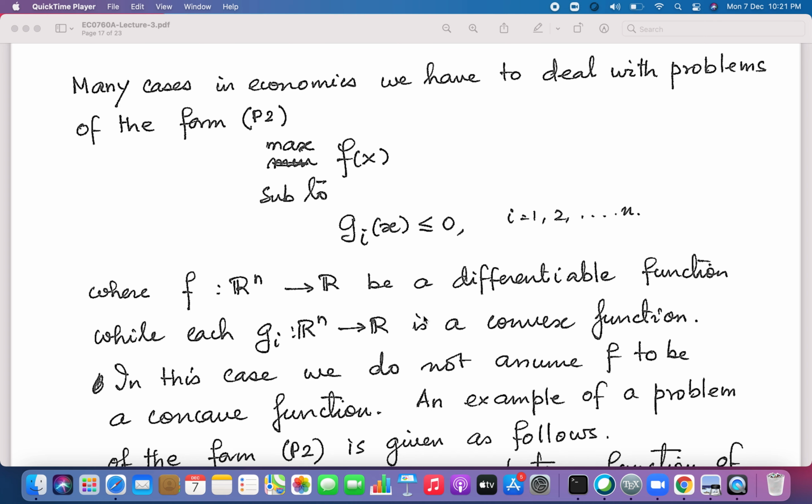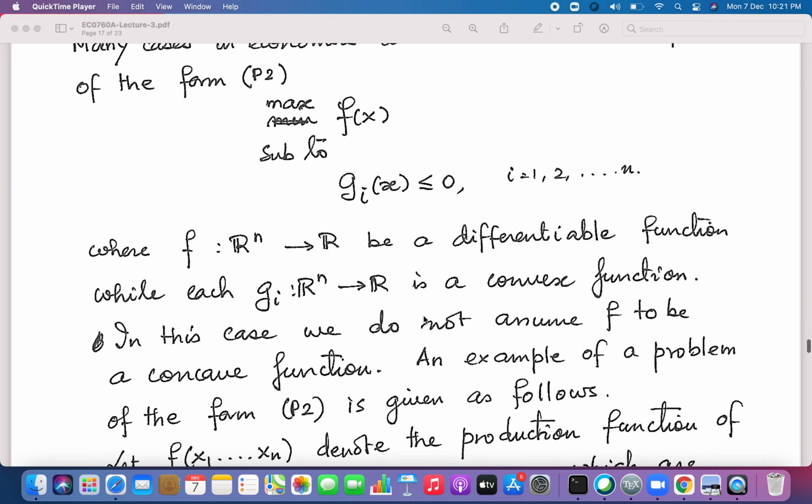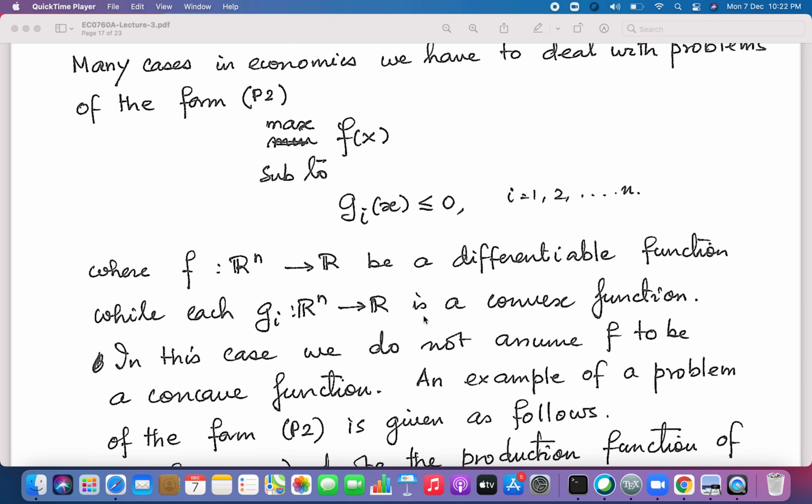These kinds of examples come into the issue of production. Suppose there's a firm which wants to produce n different types of things, and it can produce every one of them in a certain amount, say the first one in x1 amount, the second one in x2 amount, and so on.